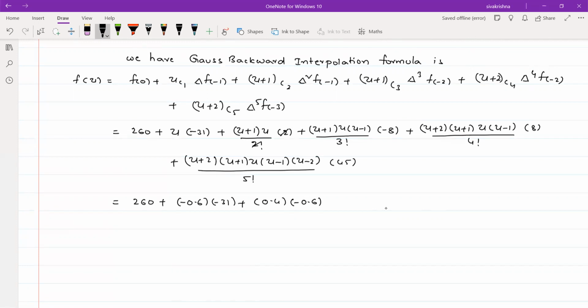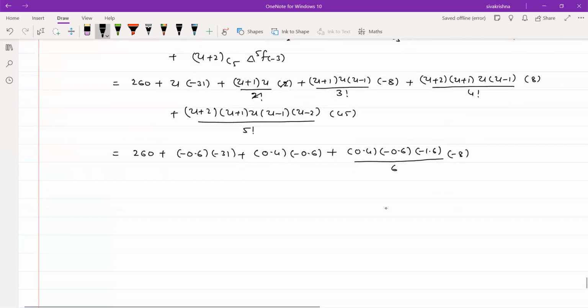After that, next term u plus 1, once again we write 0.4 into u is minus 0.6 and u minus 1 is minus 1.6 by 3 factorial, which is nothing but 6, into minus 8. And after that we have to write u plus 2. It means minus 0.6 plus 2 means 1.4 into 0.4 into minus 0.6 into minus 1.6.